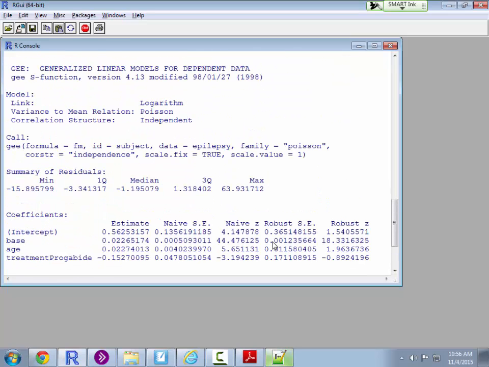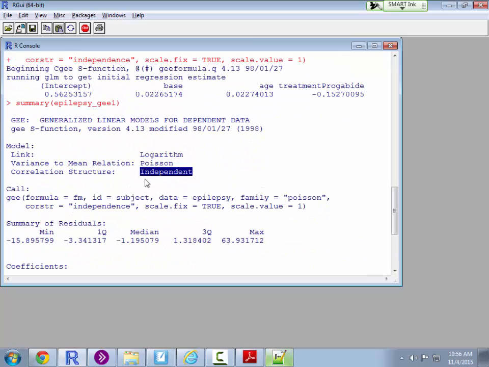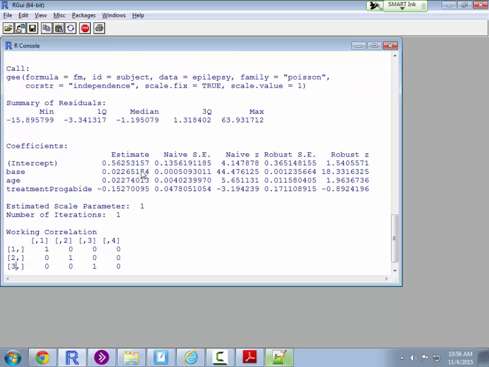I fit a GEE model using a working correlation structure assumption of independence. We know it's not independent data, but we've said in the notes that GEE is okay with us getting it wrong. It can give us valid standard errors even if we get this wrong. Okay, and then we have our model estimates.